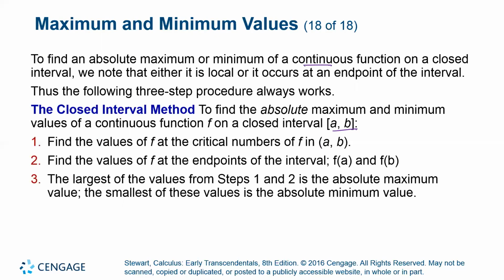Sorry, I misspoke. You can never have the local extreme values occurring at the endpoints, but you can have the absolutes. So this is the closed interval method, to find absolute maximum and minimum values of a continuous function over a closed interval.